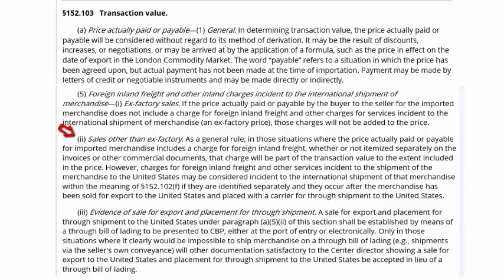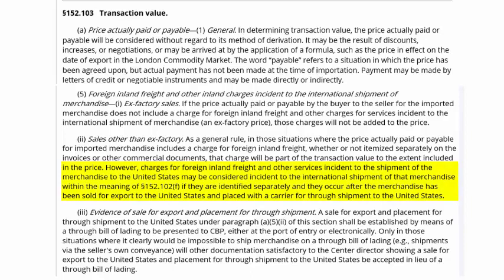5.2. Sales other than ex-factory. As a general rule, in those situations where the price actually paid or payable for imported merchandise includes a charge for foreign inland freight, whether or not itemized separately on the invoices or other commercial documents, that charge will be part of the transaction value to the extent included in the price.